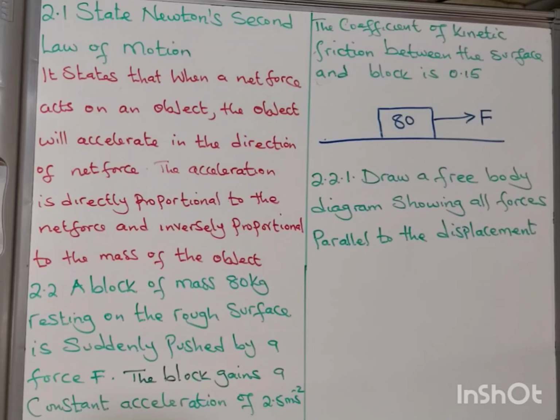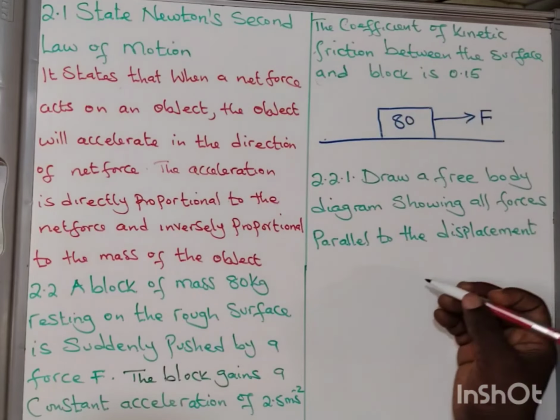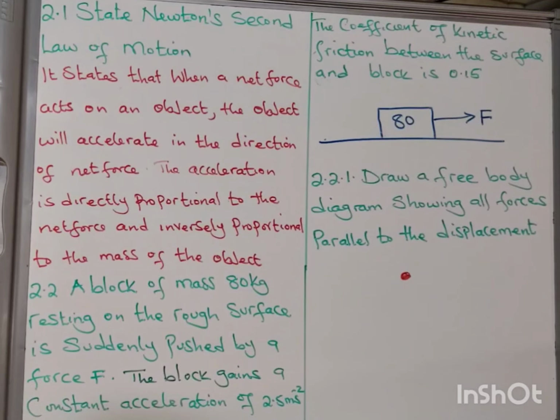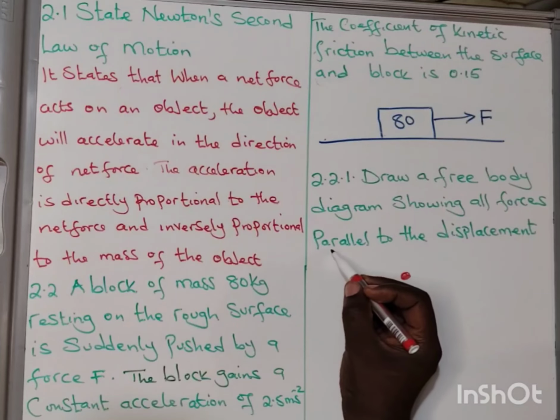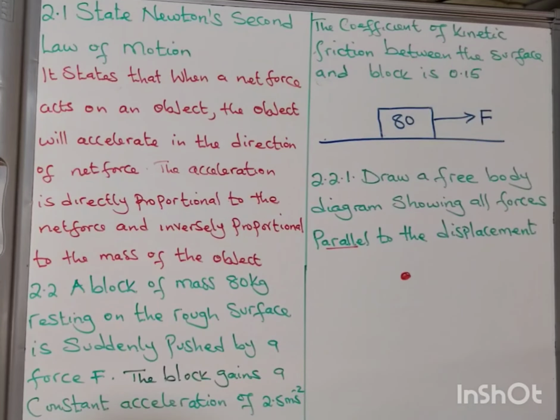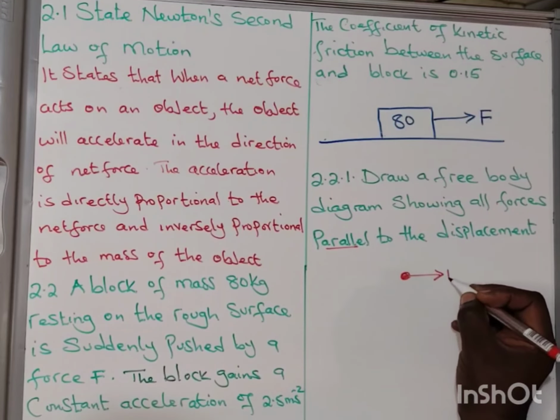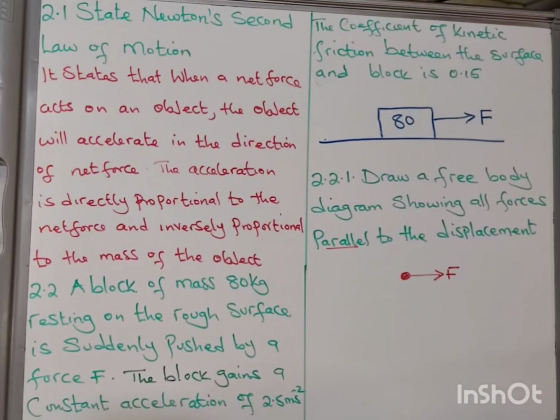They said free body, so we have our dot, and we indicate all the forces here. They are saying parallel, which means that only those forces which are in the direction of displacement are going to be considered. What forces do we know? We know our applied force here. And what else do we know?